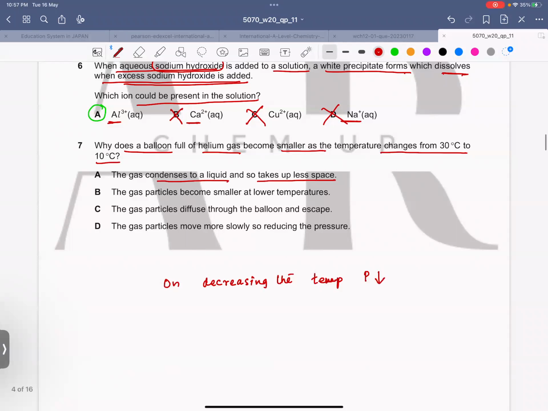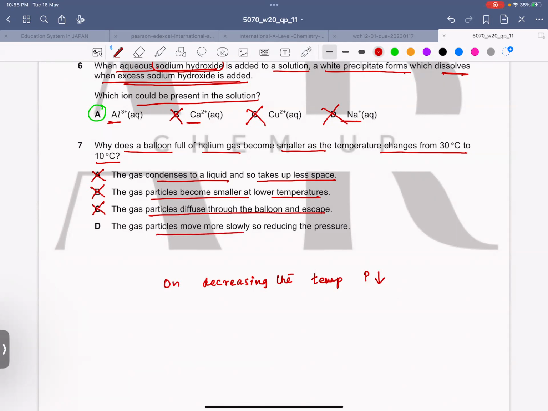No, this couldn't be the answer because it's not the boiling point of the gas. If the temperature gets lower than the boiling point of the gas, then it condenses, otherwise it doesn't. So A is wrong. The gas particles become smaller at lower temperature? The particle doesn't change its size, so B is wrong as well. The gas particles diffuse through the balloon and escape at lower temperature? The movement gets slower, so it is not possible that the molecules diffuse through the balloon.